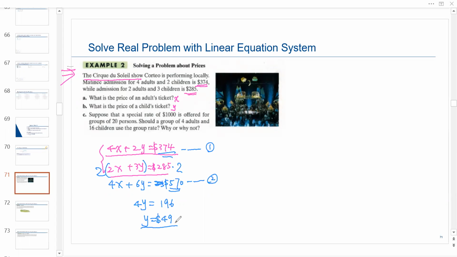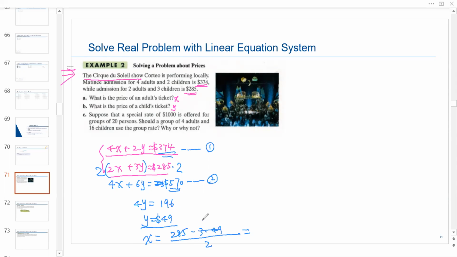So one kid actually spends $49 for y. So x equals what? 285 minus 3 times 49, divided by 2. Right? So you can get your solutions quickly out of there.